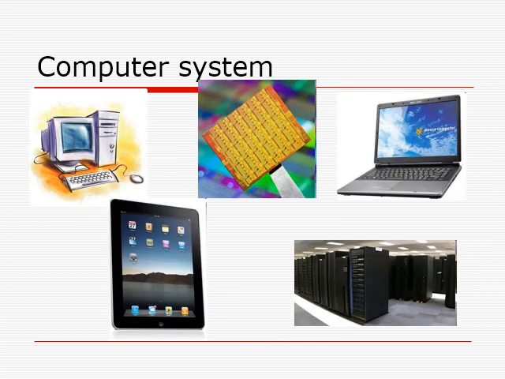And the computer system is also considered one area of electrical engineering. You may find very high performance computing devices with many machines working together, and some really small ones; a chip is also a computer system. Daily use like laptop, desktop or iPad.